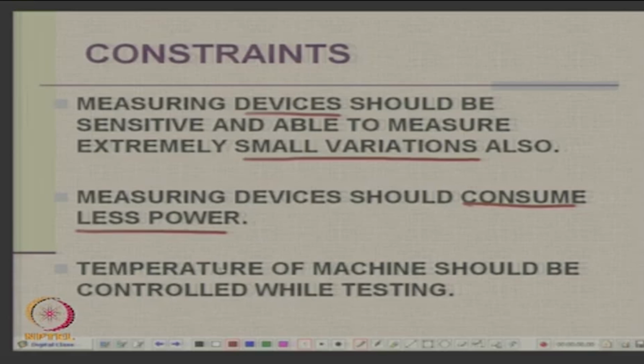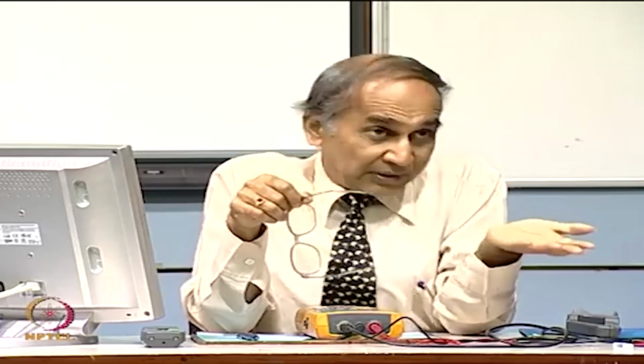And the temperature of the machine should be controlled while testing. Parameters are sensitive to temperature, and machine temperatures will vary considerably because of various internal and external parameters. If you test it in Rajasthan, it will be different from testing on Mount Everest, so the operating ambient temperatures will be different.